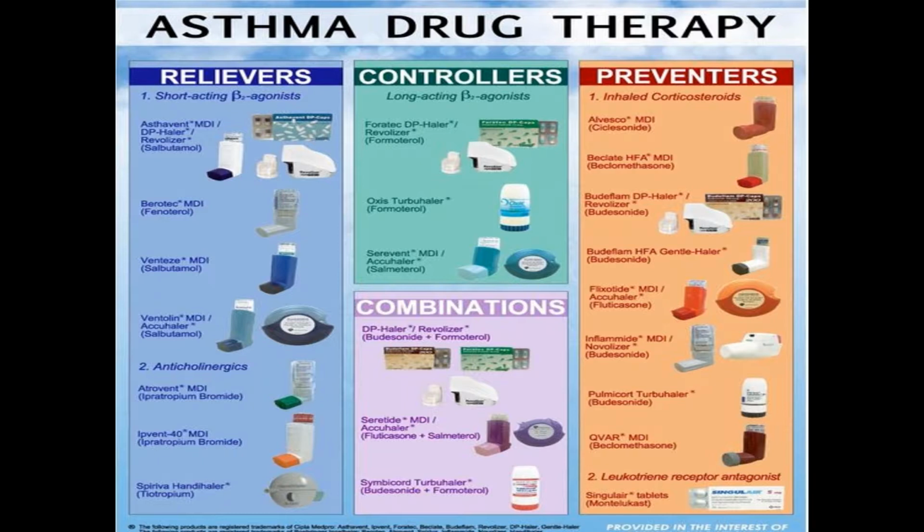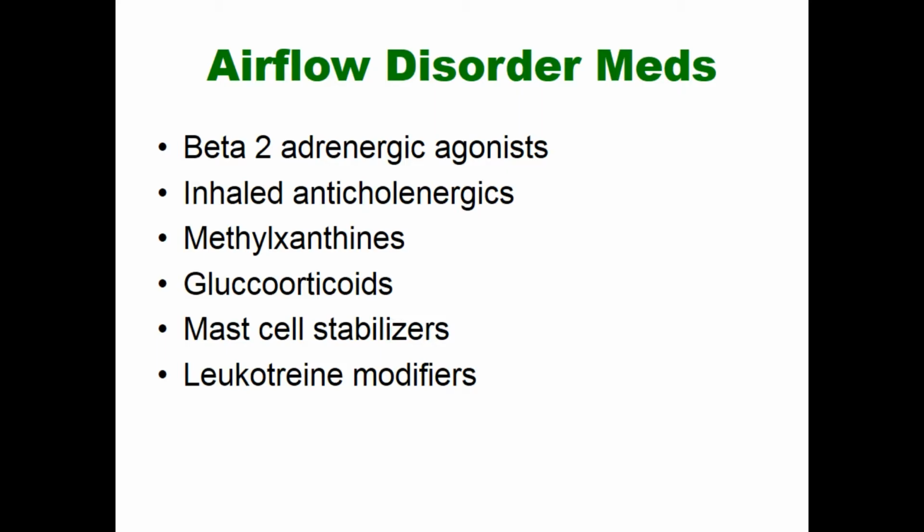Preventers are corticosteroids, and combination medications can include 2 or more of the previously listed types. All of these examples I'll give you in class. Airflow disorder medications are beta-2 adrenergic antagonists, inhaled anticholinergics, methylxanthines, glucocorticoids, mast cell stabilizers, and leukotriene modifiers.